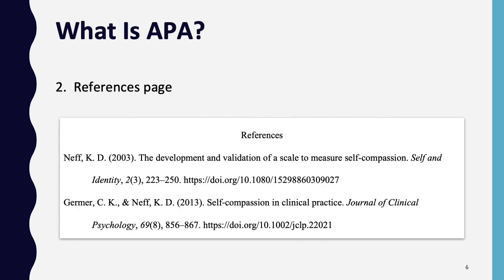The second part of APA style is the references page, which lists all the sources cited in the paper. Each entry gives the reader enough detail to know what the source is and where to find it. APA provides specific templates for all sorts of source types, like books, articles, and web pages.